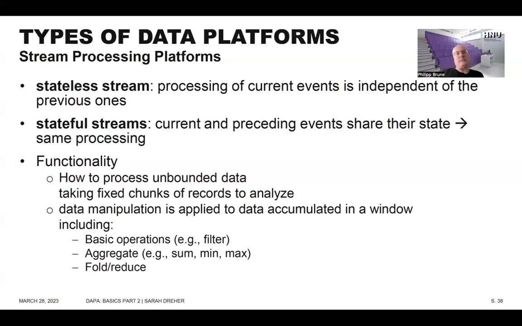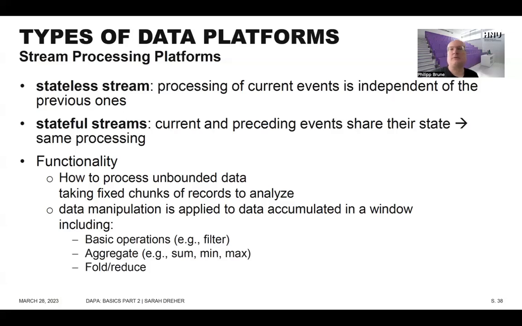So this is, of course, a way that is good for continuous data, but it's one possibility to handle data that is in principle unbound. Again, look at the camera. Yeah?